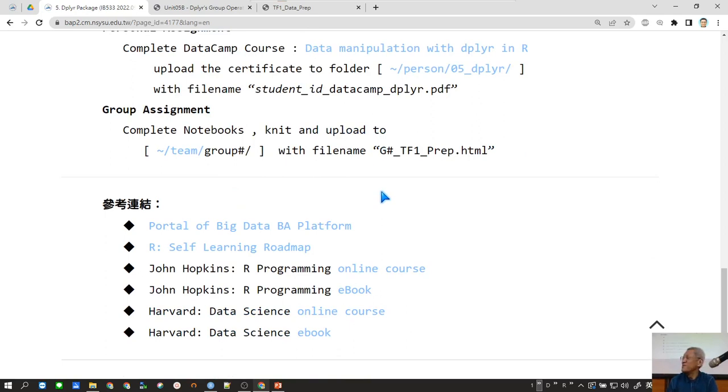So do your personal homework and upload the certificate, and get together, and by using the data that we already prepared, try to do some exploration, okay? Put the findings of your exploration on that notebook and upload it as your homework, okay?